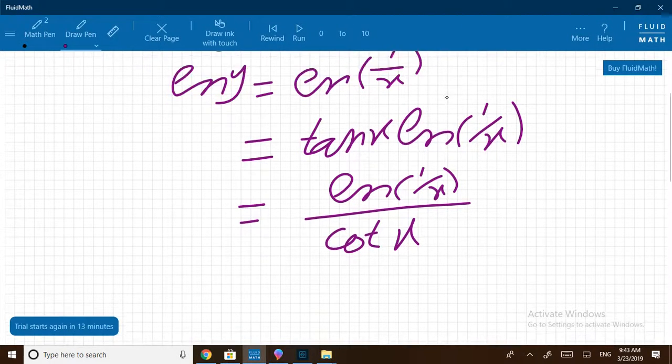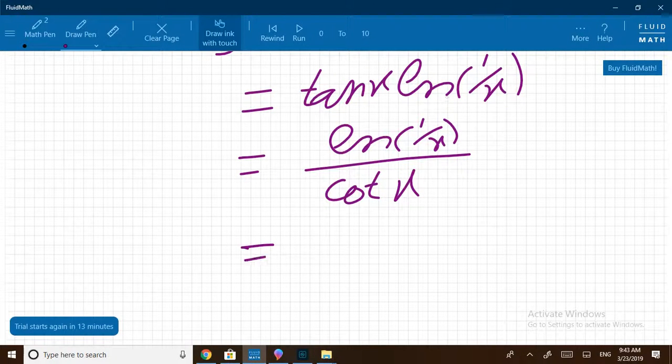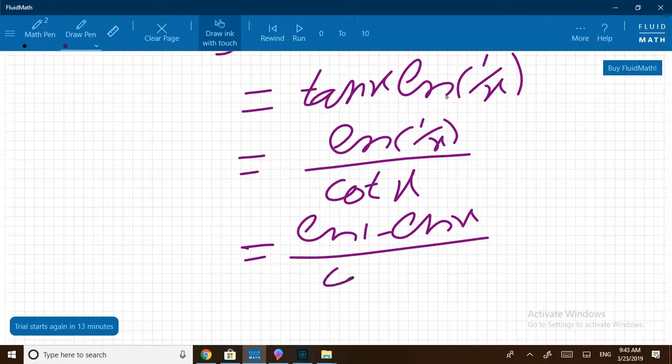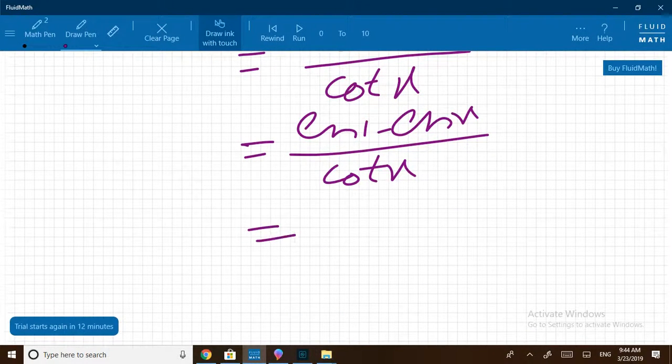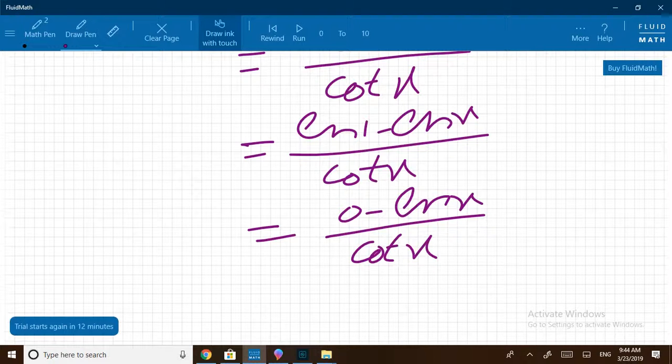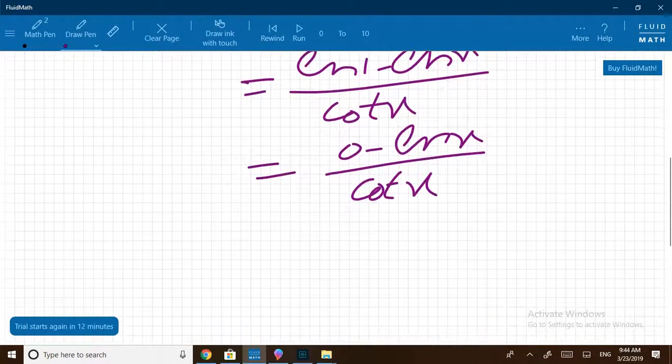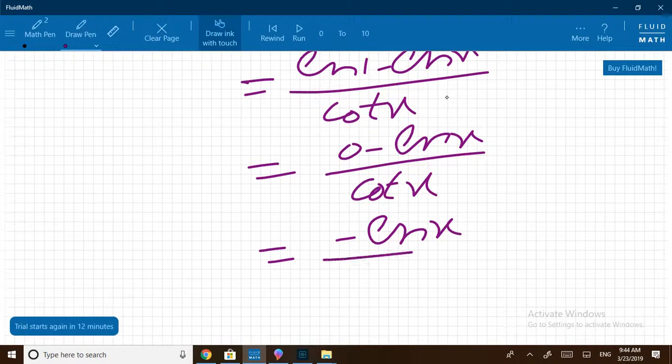So this is natural log of 1 minus natural log of x, by the property of log, divided by cot x, which is equal to 0 minus natural log of x divided by cot x.